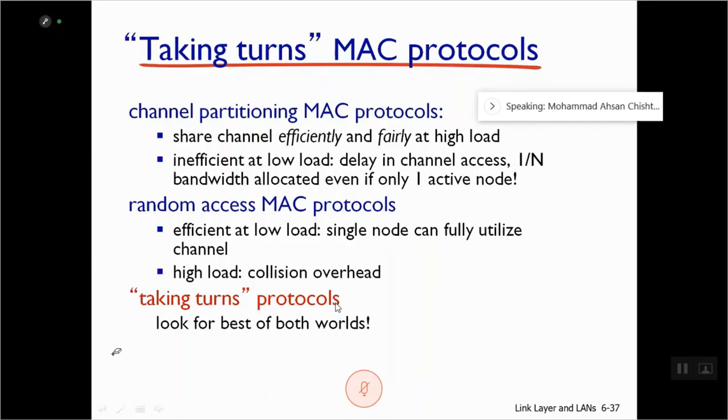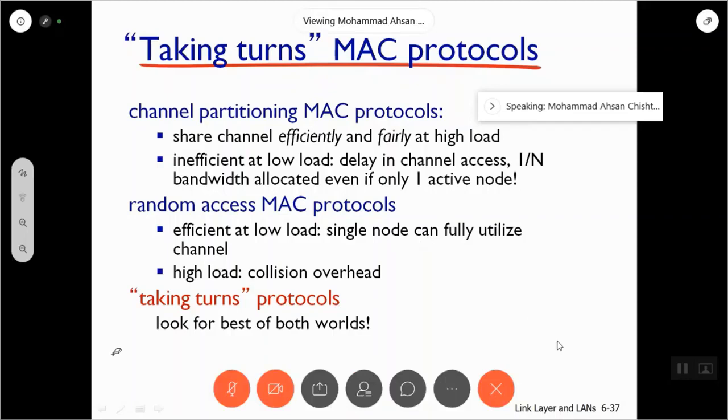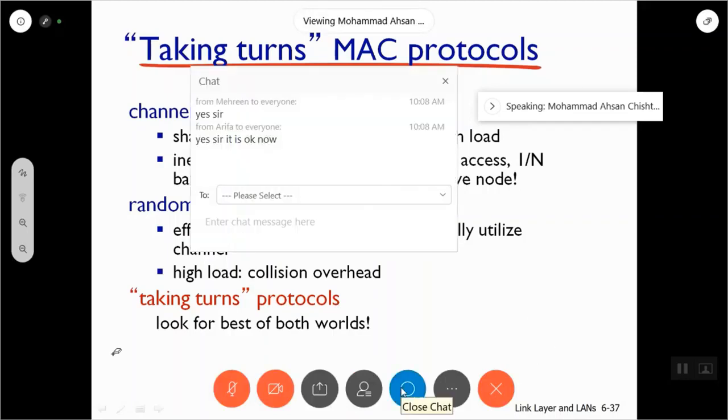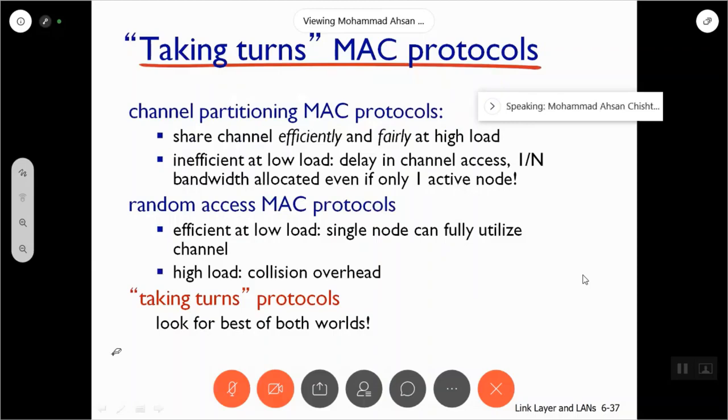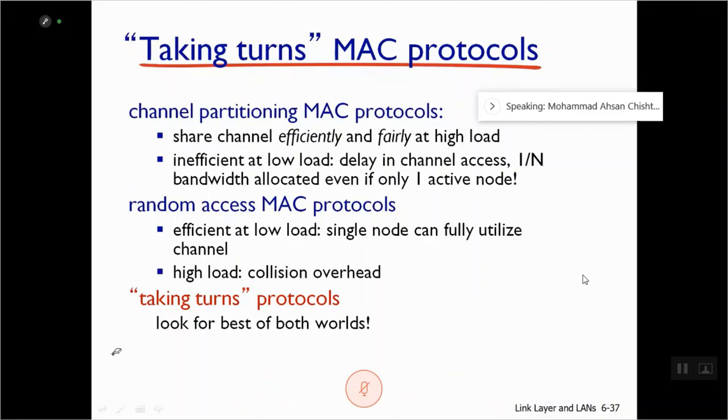With the previous ones that we had, like FDMA and TDMA, we saw that you divided it based on the number of nodes. But the problem was that even though there is one active node, you still did not get R bits per second.